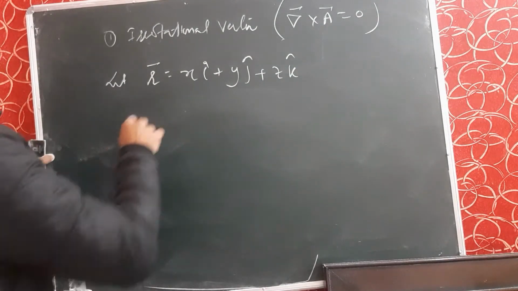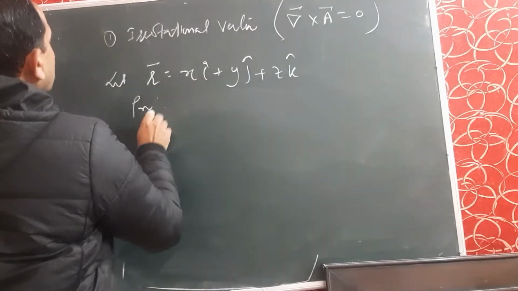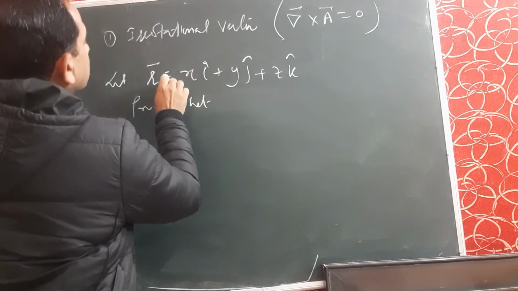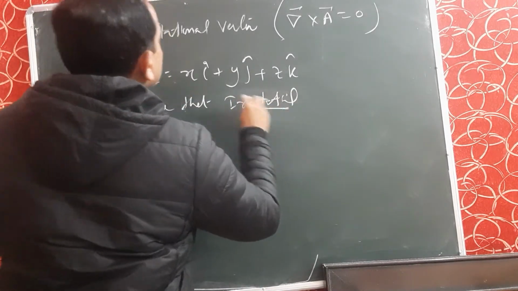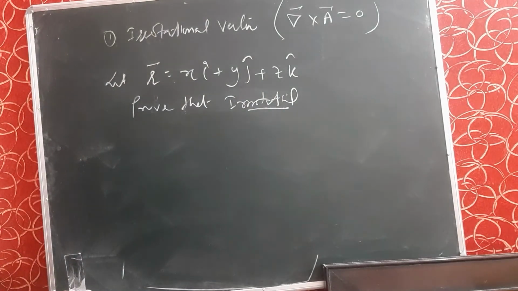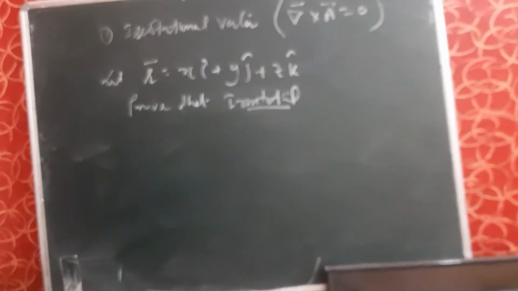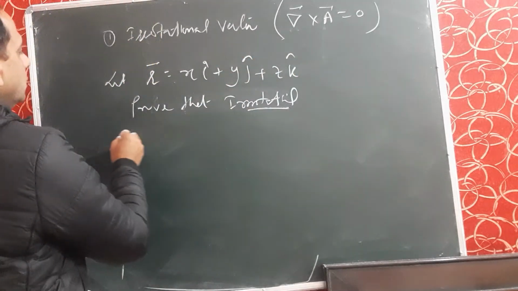Prove that this vector is irrotational. How can we prove it? We can prove it by using the condition of an irrotational vector.